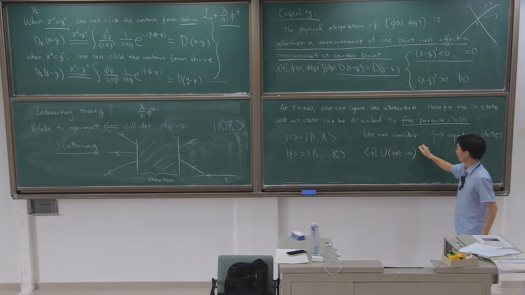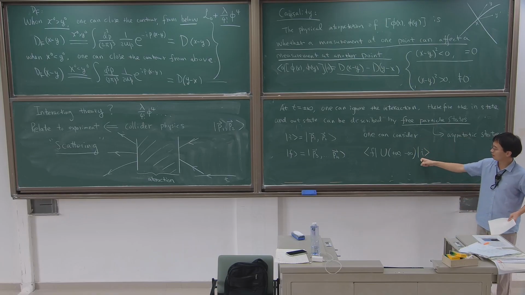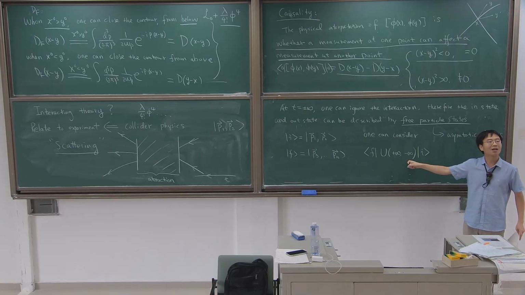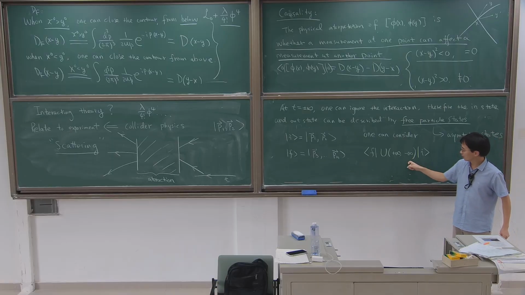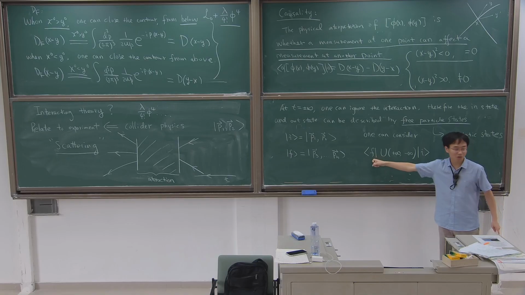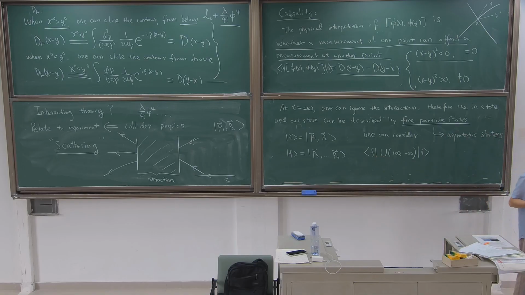Now, it basically evolves from an initial state through this evolution operator, and then eventually overlaps with the final state. This is the whole amplitude, similar to quantum mechanics. Let me be more precise. This is the Heisenberg picture, H. We also understood that in the Schrödinger picture, the time evolution is encoded in the state.